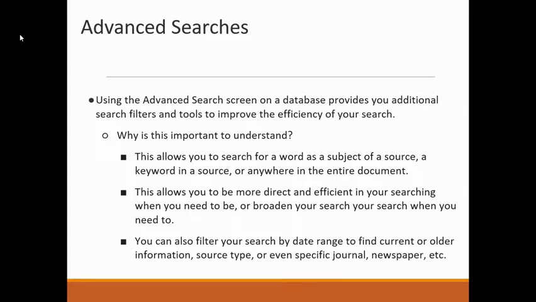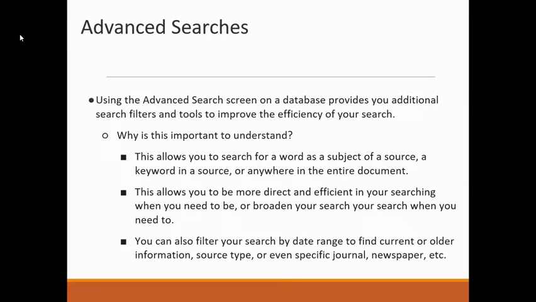And so, why is it important to understand this? The advanced search features in the databases will allow you to search for a word as a subject of an article, a keyword from an article, or anywhere in the entire document, which is also referred to as doing a full text search. So, this allows you to be more direct and more specific in your searching when you need to be.